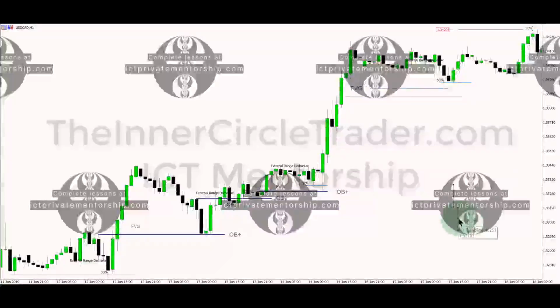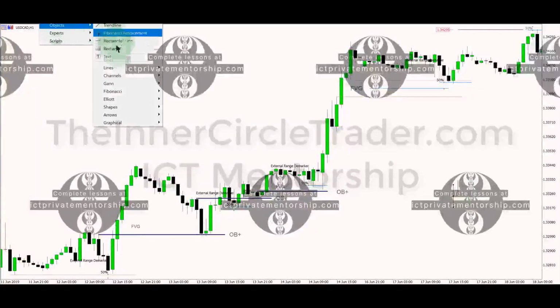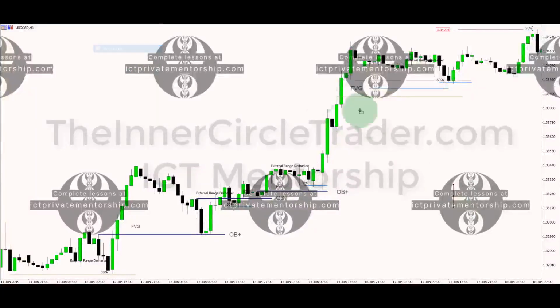And then obviously there's other ones where you have price creating just a return to the initial candle's consequent encroachment, and that would be the extent of the low. So we would create a higher low. But this whole function is all happening in an area where you would be at a discounted array.